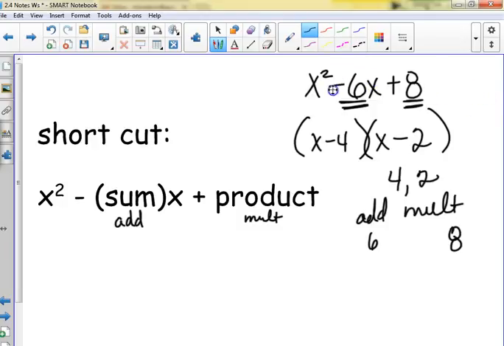It does, except this one had to be the opposite of the sum, yes? That's always true. The zeros added together and change the sign will give you this term in front of the x. The product will give you the number at the end. So let's do the one we just did.